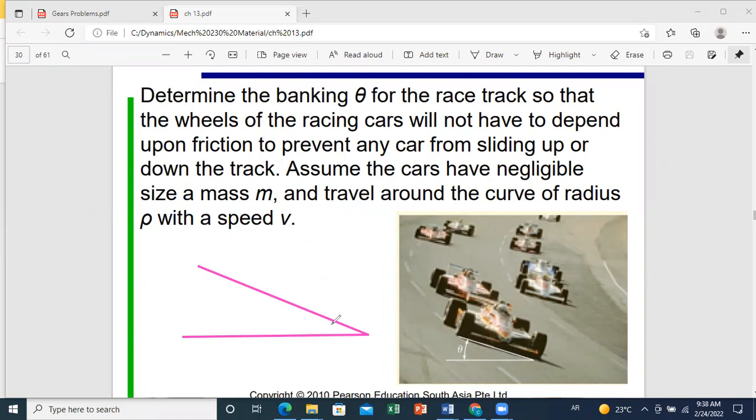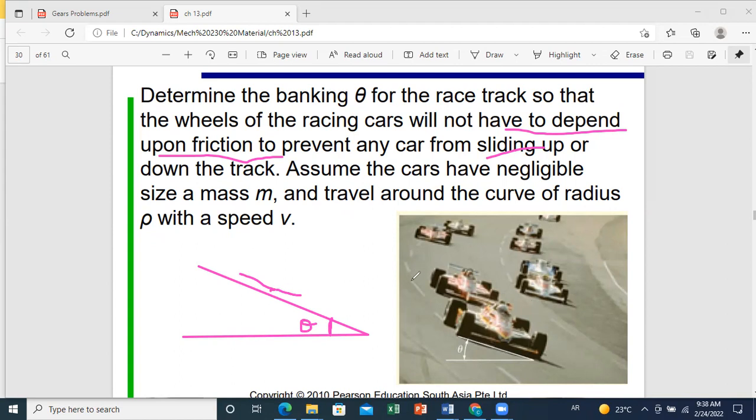If I want to know what should be the inclination, let us say I don't want to have friction between my road and my car. So as they are telling you, we don't want to depend upon friction, because they said we don't want to depend upon friction to prevent sliding up or down. Meaning our car should not go up and should not go down. It should just move on a circle.